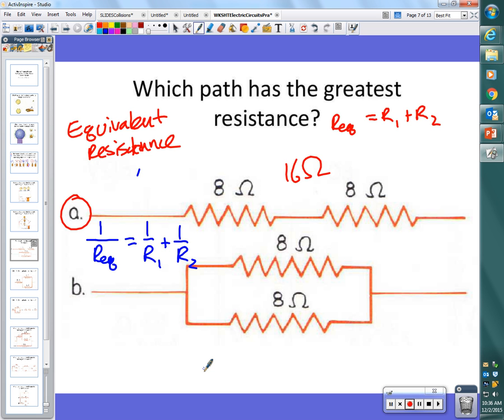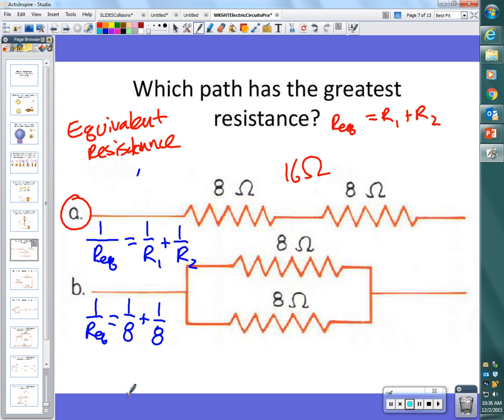Hold on one second. We're trying to find REQ. That's our unknown in this problem, right? Resistor 1 is how many ohms? 8. So we go 1 over 8, plus resistor 2, which is also 1 over 8.